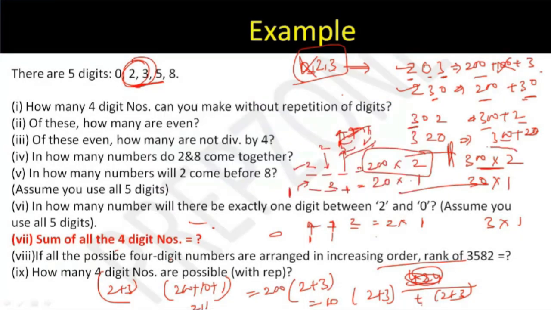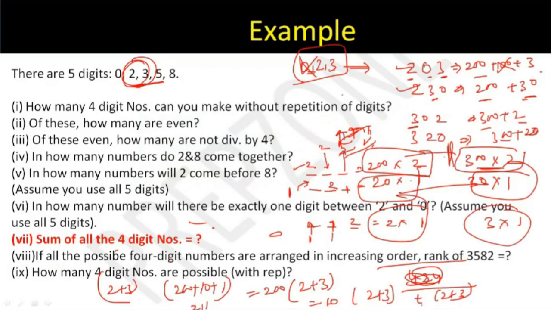Second was this. Then this. I had to essentially add these 6 numbers. So I simply did 200 into 2 plus 300 into 2. What is this? 200 into 2 and 300 into 2. From here 2 will come common, and from here 100 will come common. So I took 200 common and added 2 plus 3 inside. Right? So this is what I've done.